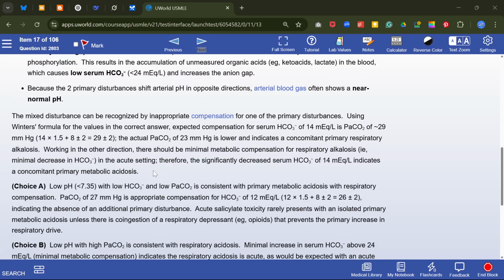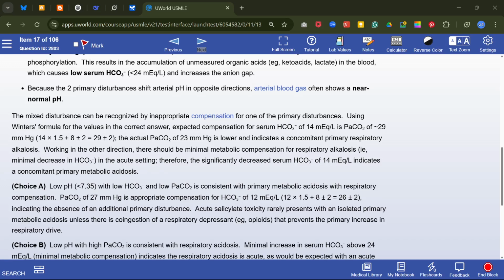It is lower, which indicates a concomitant primary respiratory alkalosis. The significantly decreased bicarbonate of 14 milliequivalents indicates a concomitant primary metabolic acidosis.